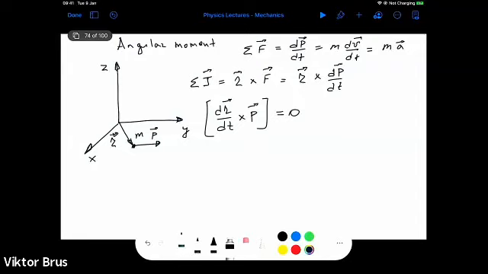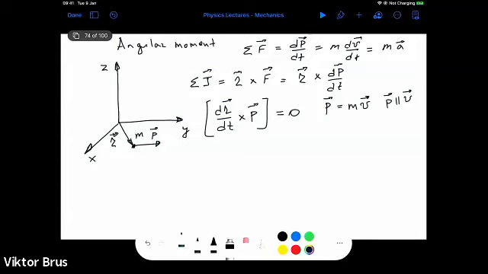The vector of linear momentum p, as I mentioned before, is the product of mass and linear velocity. It means that the vector of linear momentum is always parallel to the vector of linear velocity.